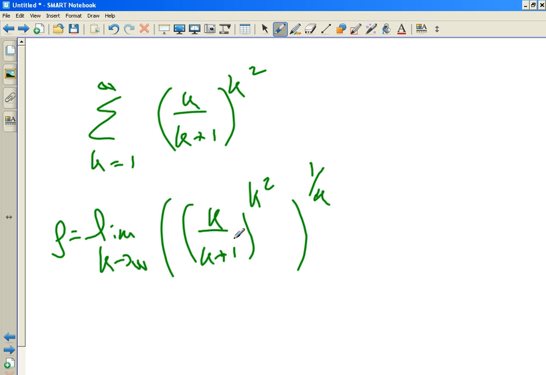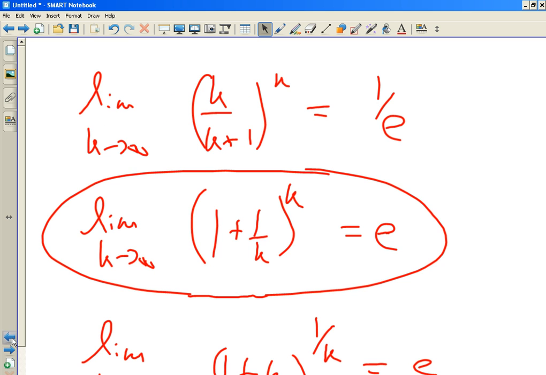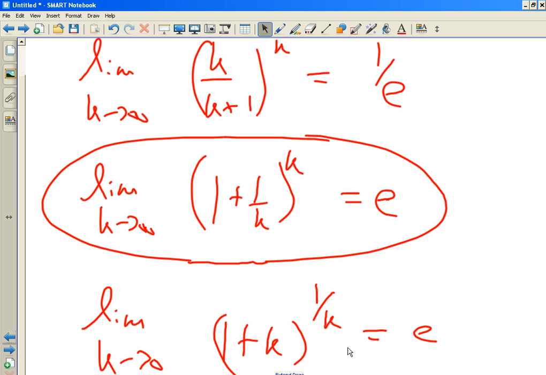Okay, hang on. So what is it then? What's in the exponent then? It's just k. But don't we know this limit? Is it this? Is it that?